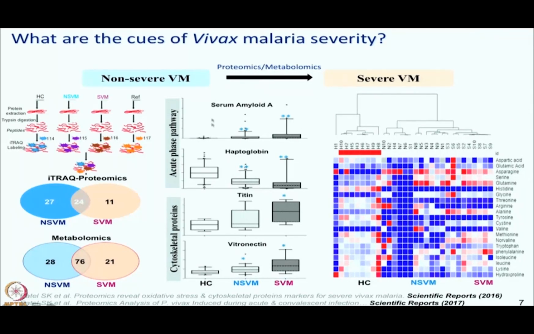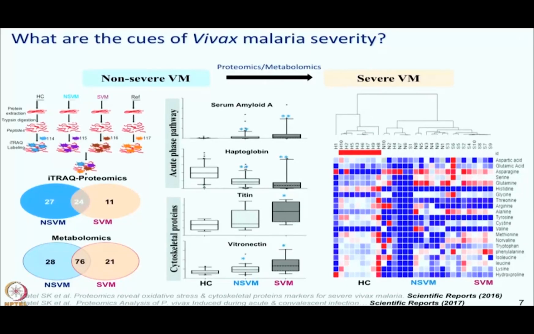A protein like serum amyloid A shows a rise in abundance from the healthy individuals to the non-severe to the severe patients. Another protein, haptoglobin, shows an overall reduction in concentration from the non-severe to the severe patients, which is logical because haptoglobin and hemoglobin form a complex, and therefore you will see a reduction of this protein in severe vivax patients.